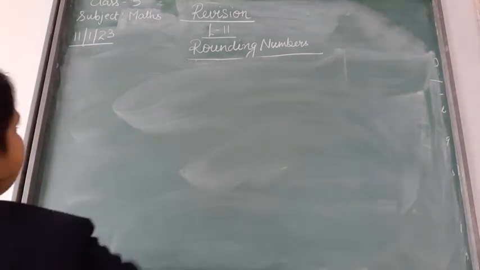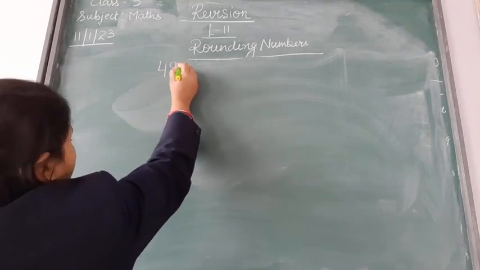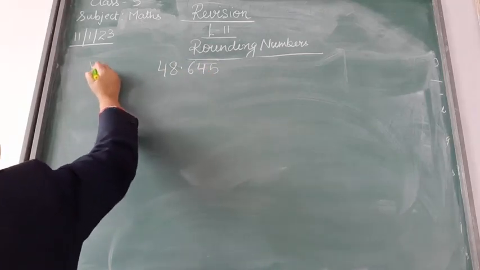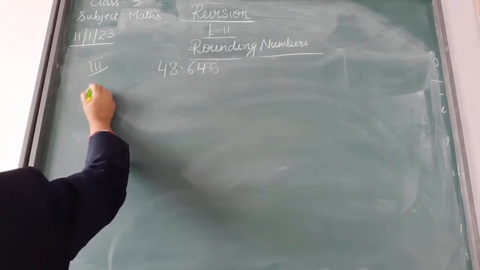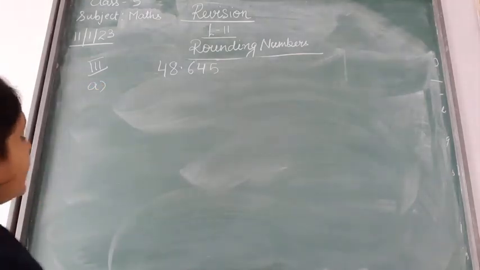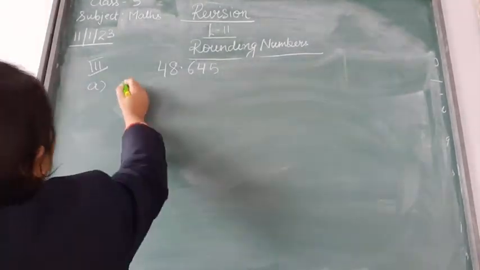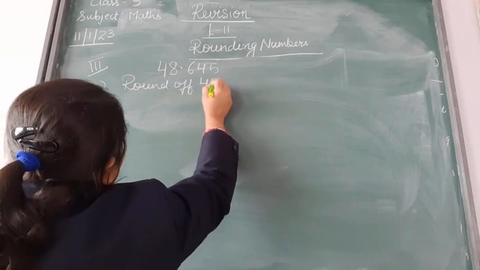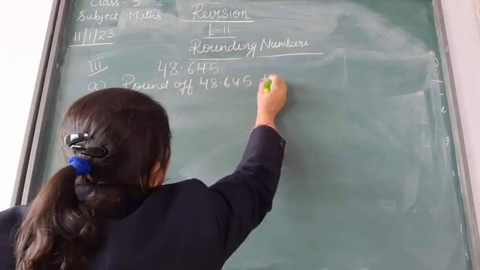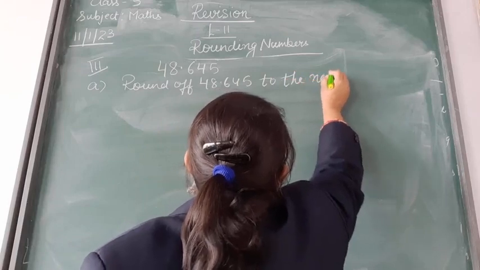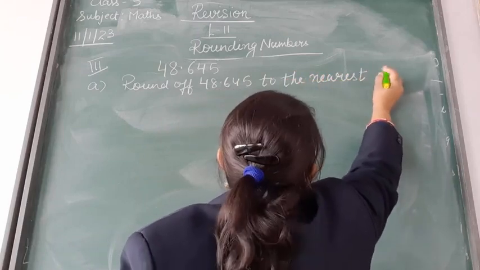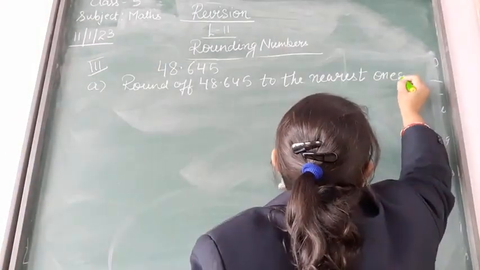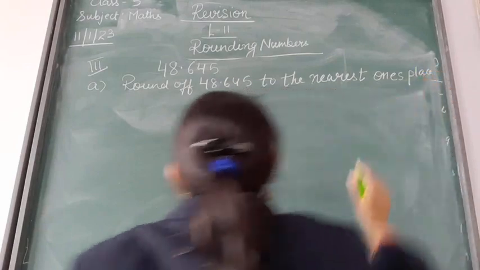So now I have one decimal number which is 48.645, and the first part of this question is that we have to round off 48.645 to the nearest one place, to the nearest one's place, or to the nearest one, right?